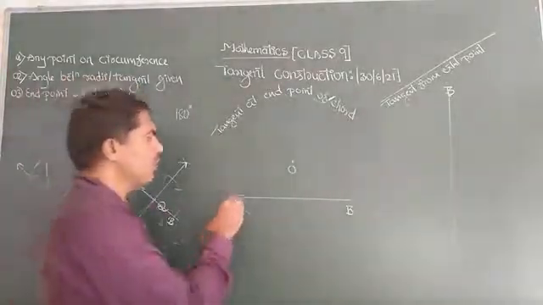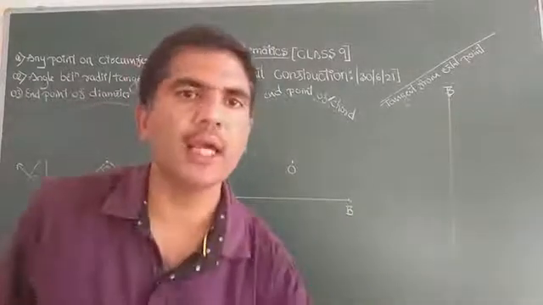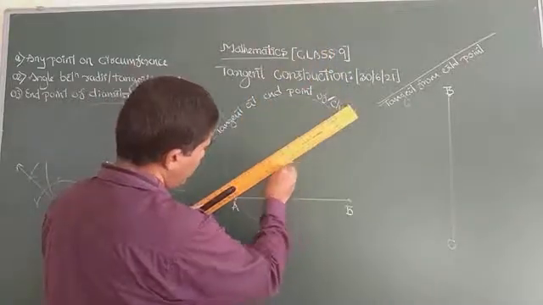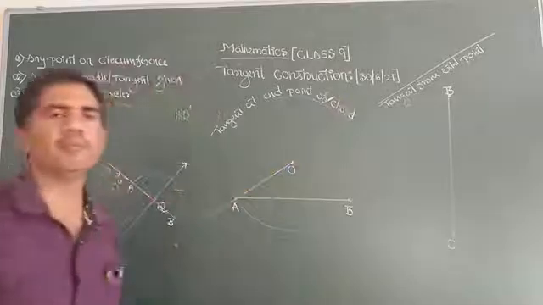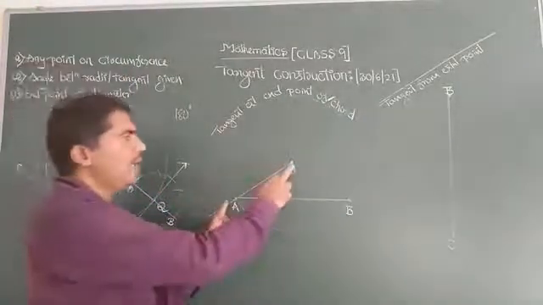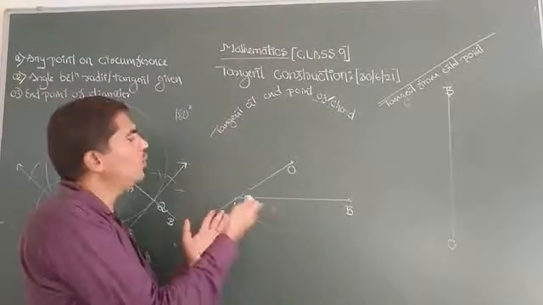So if I want to draw tangent to the end points of chord, first simple thing I am supposed to do is the end point of chord you join with center and extend it. So what you have got now, OA is the radius. You know how to construct tangent to OA now.